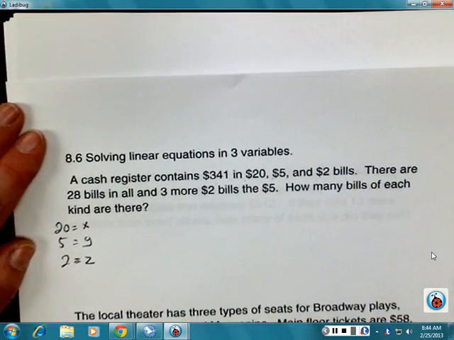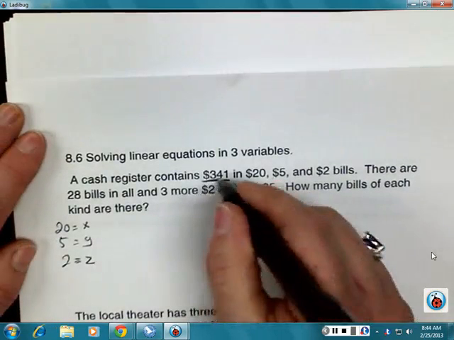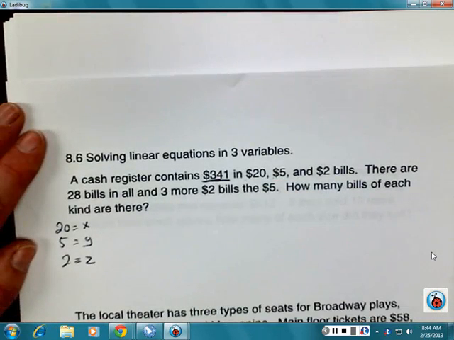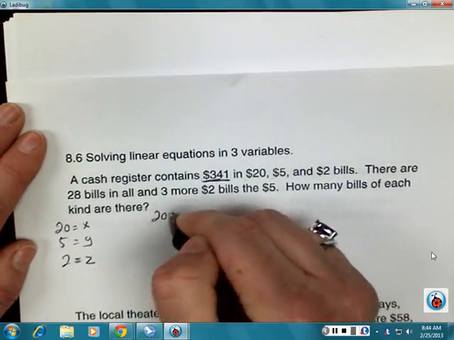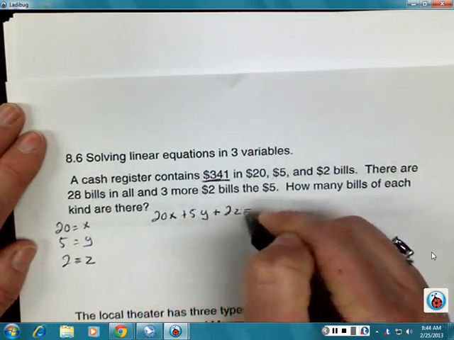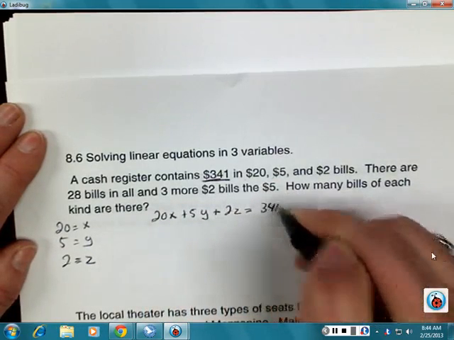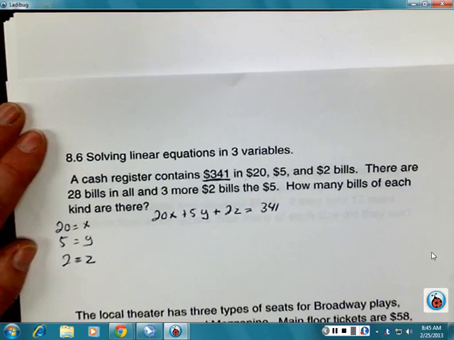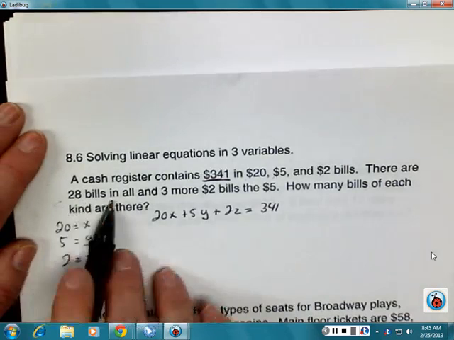So two of our equations, one is connected right here, because if I have $341 in there, what does that mean? They all add together to equal that. So 20X plus 5Y plus 2Z is going to equal 341. We okay with that one? Yes? Okay. There are 28 bills in all.